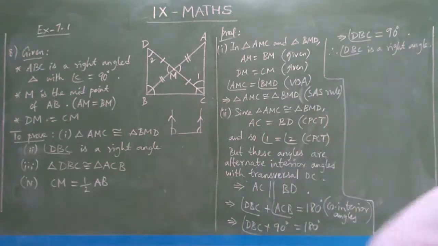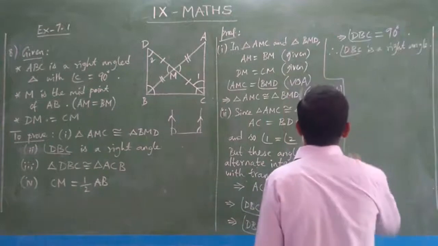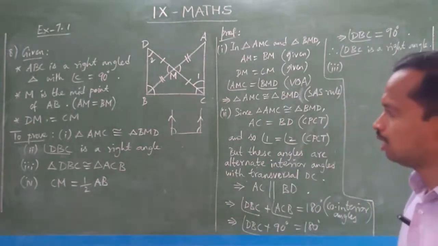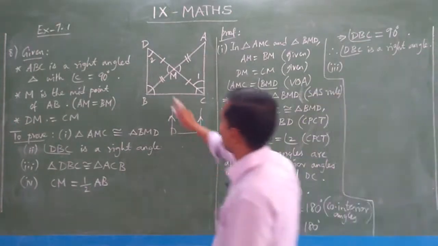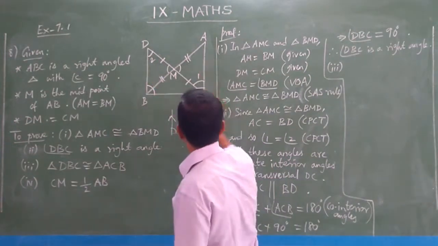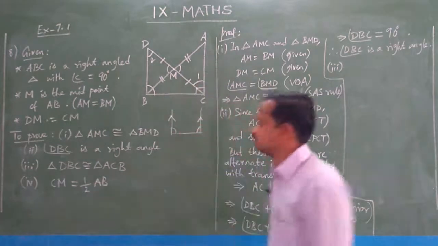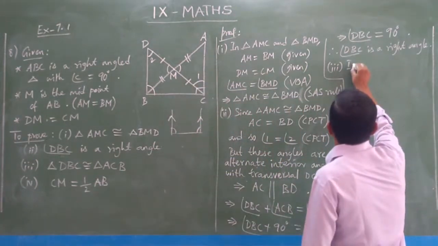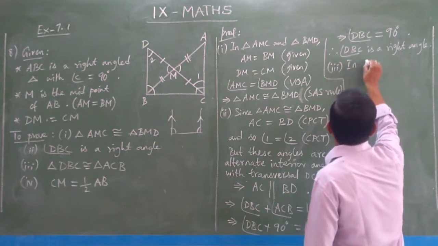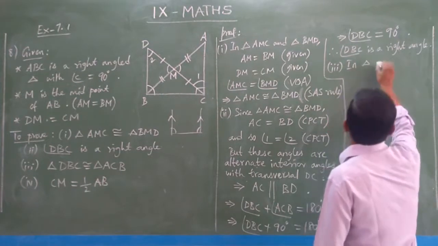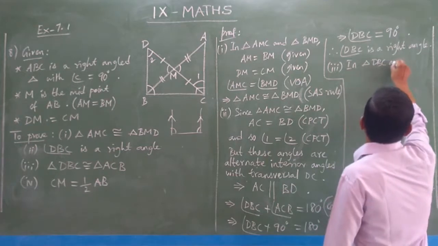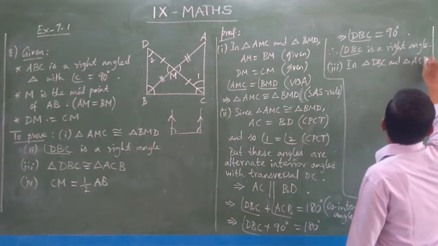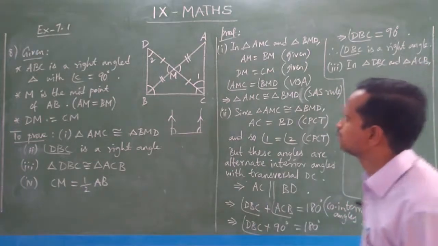And now coming to the next option 3. See carefully, DBC, ACB. These two triangles we have to show congruent. So we take triangle DBC and triangle ACB. What are the things we can have?